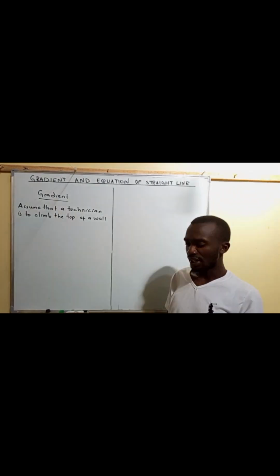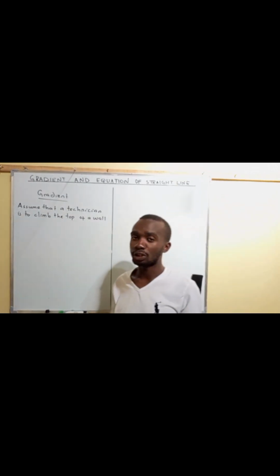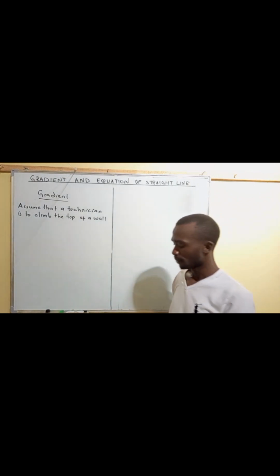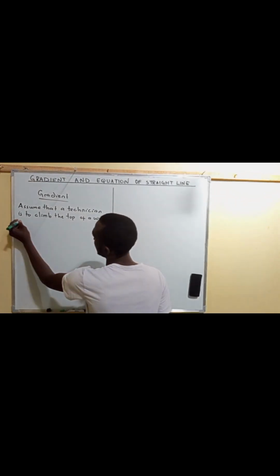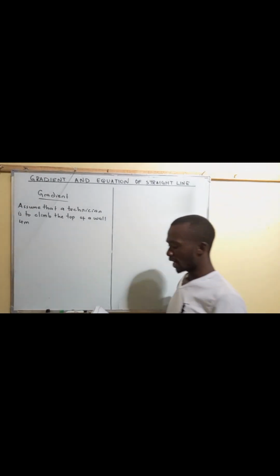The top of the wall, the vertical height of that wall, is 4 meters. Top of the wall, 4 meters, for repair, as shown below.